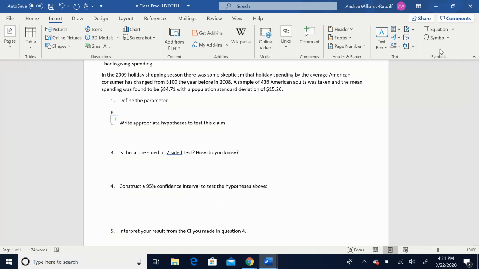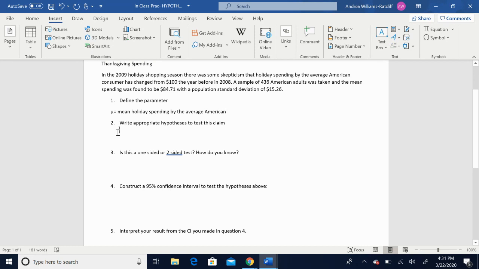And we're going to say mu equals, and what are we trying to find here? What are we looking at the mean of? In this case, this is the mean holiday spending by the average American. That's what we're trying to use this information to say something about.